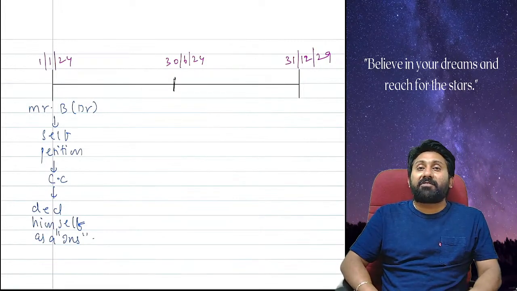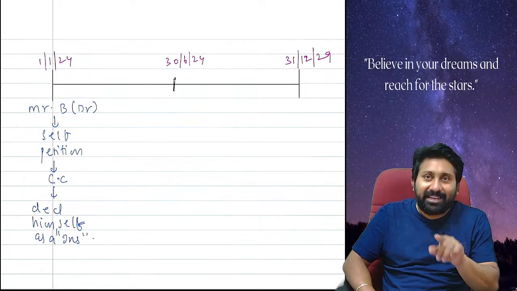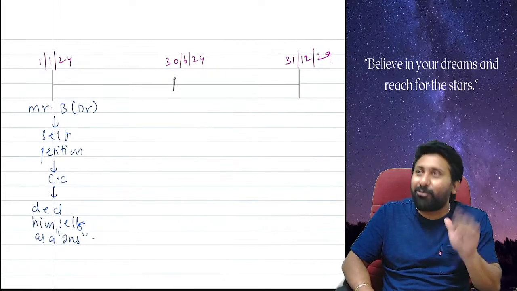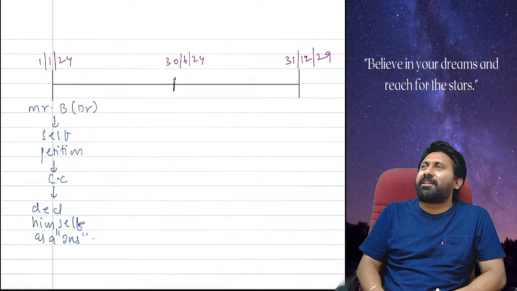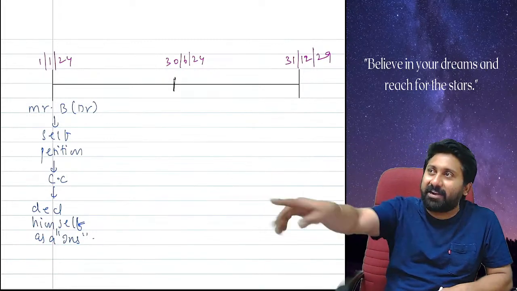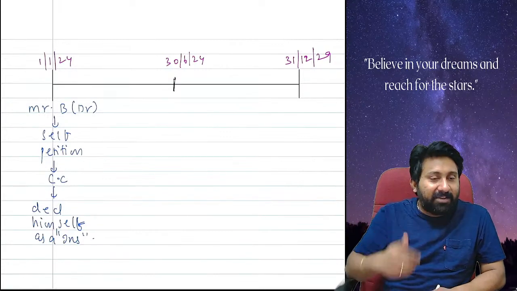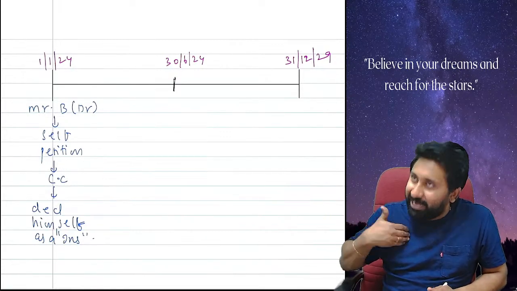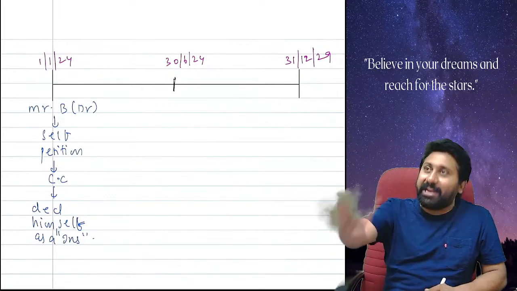The logic of the law is very clear. When B himself is saying that he is an idiot, why should the court say no? If someone says in court that you are an idiot, the court will say, why should I believe you? Let me inquire and tell whether he is an idiot or not. But when the person himself is telling the court, I am an idiot, please declare me as such, prima facie the court believes you.